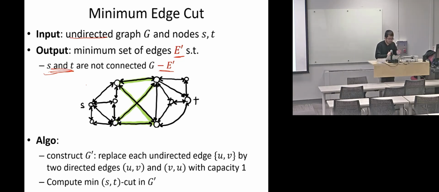If you count the number of edges that go out of a cut, it's the same as the number of undirected edges in the original graph. And so the minimized cut will correspond to the minimum number of undirected edges that you can remove to disconnect S and T.